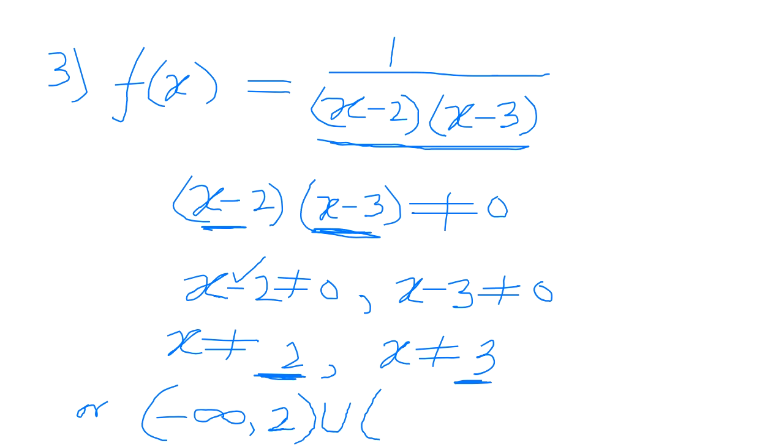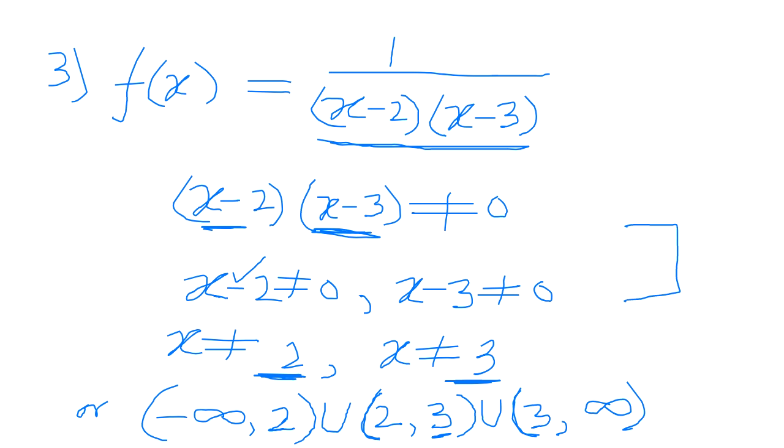Again start from 2 with an open bracket up to 3, with an open bracket, then the union again, start from 3 with an open bracket and go up to positive infinity. The brackets are open because 2 and 3 are not included, since x is not equal to 2 and x is not equal to 3. So this is the domain.